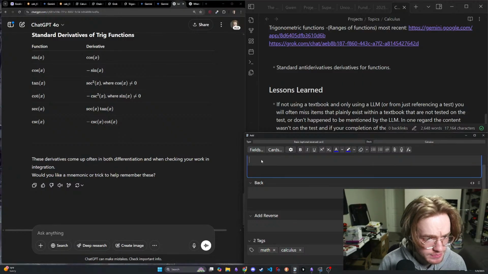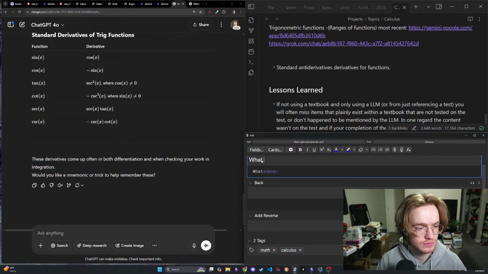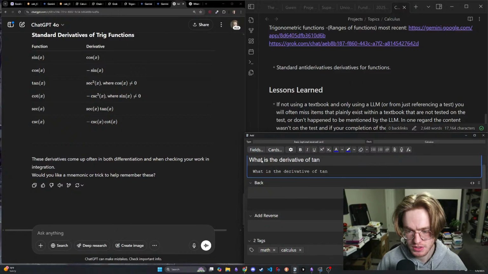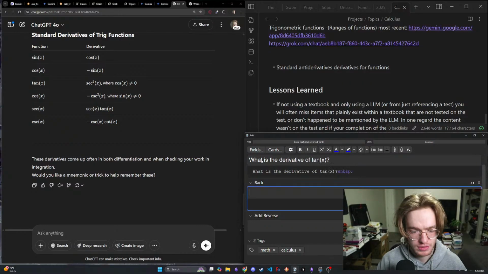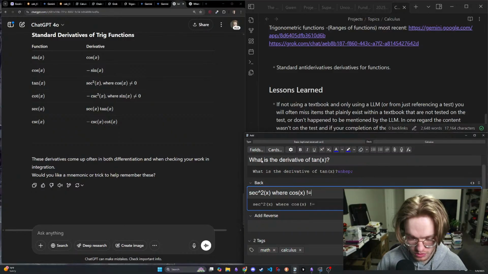Okay, what is the derivative of tangent of x? Secant squared x, where cosine of x is not equal to 0.